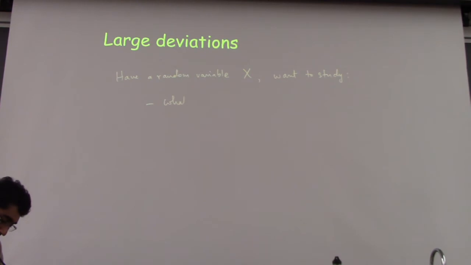The kind of question we'll ask is: you have a random variable X, and we want to study the probability that X deviates from its expectation, from the expected value of X, by some quantity lambda.